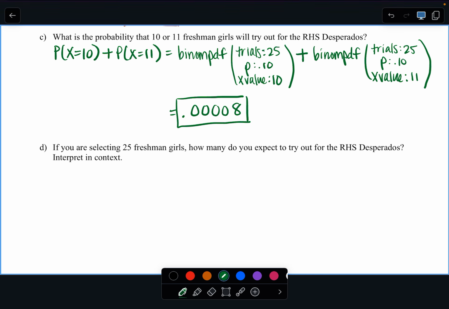And the last thing to kind of wrap this up, again, with commonly missed questions that I get, or commonly things that people ask me about. If you are selecting 25 freshman girls, how many do you expect to try out for the RHS Desperados? If you see the word expect, all you need to be doing is finding the mean.